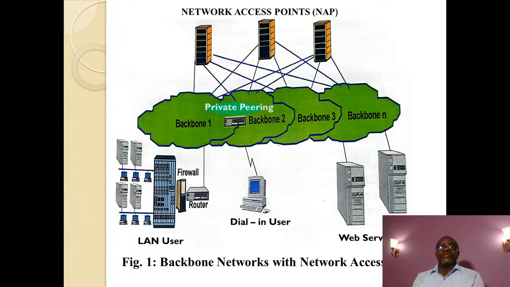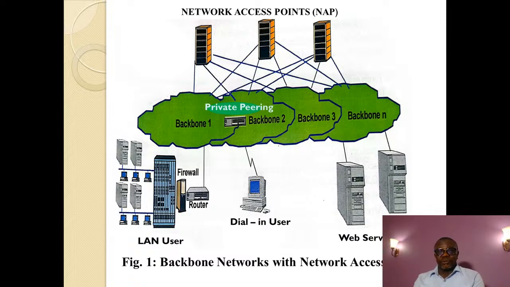And from the network access point, it will take him or her to backbone 2 or backbone 3 or the N backbone, no matter the one. It will find the thing and send it back to backbone 1 for the person to access.